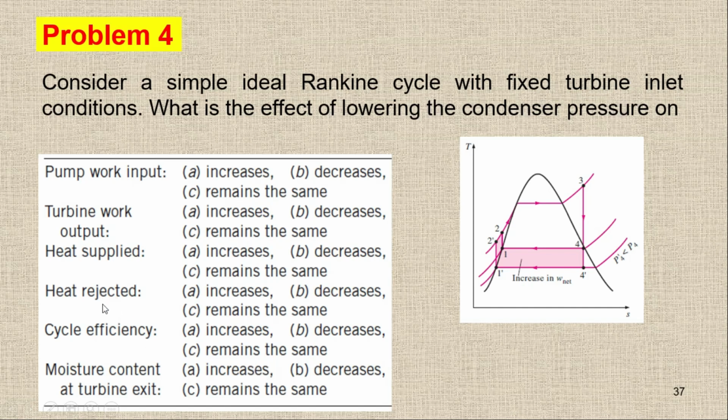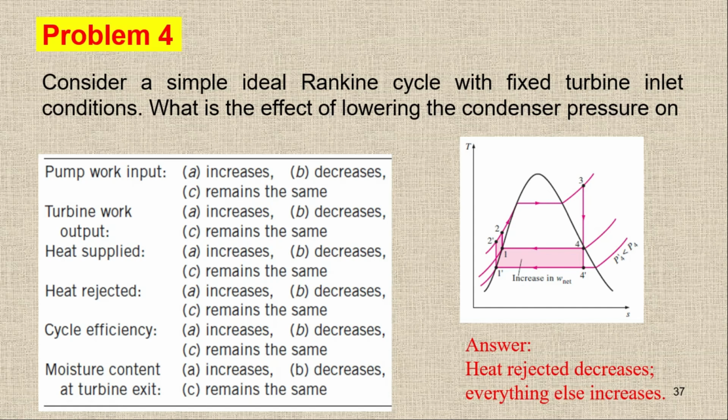The one thing which is going to decrease is the heat rejected. So this is the answer: the heat rejected decreases while everything else increases when we lower the condenser pressure in the Rankine cycle.